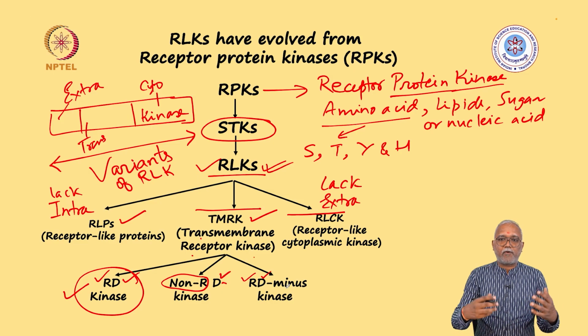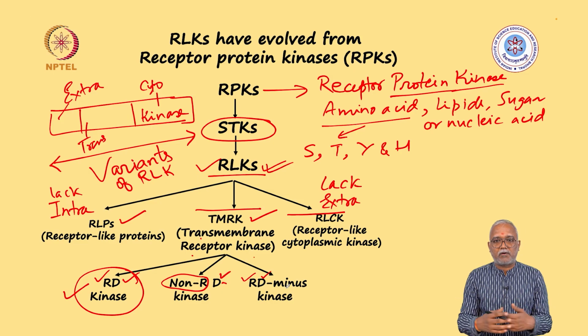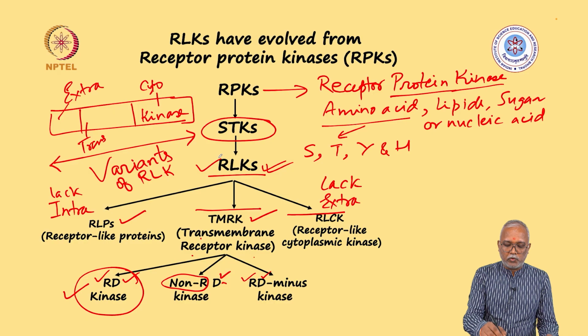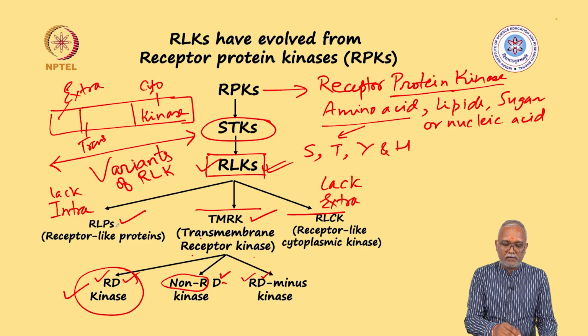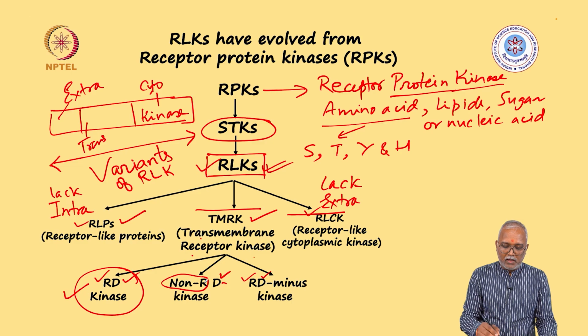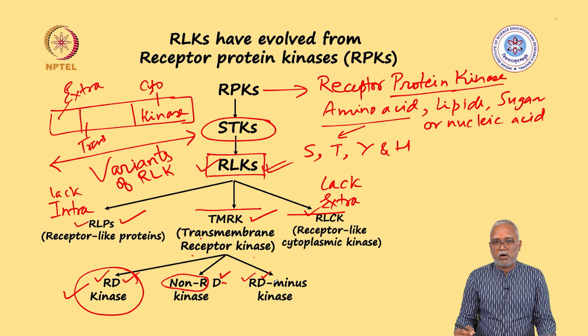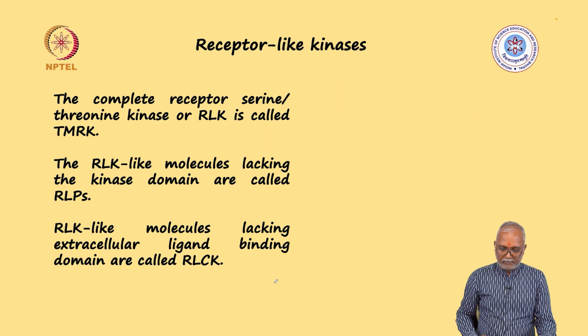So you understood that from a bigger class of receptor protein kinases, we have multiple examples leading to receptor-like kinases, and then further variations like RLPs and RLCKs, and then non-RD kinases or RD minus kinases.